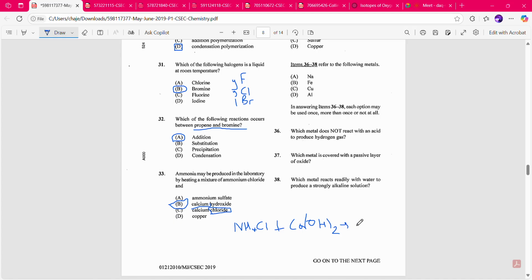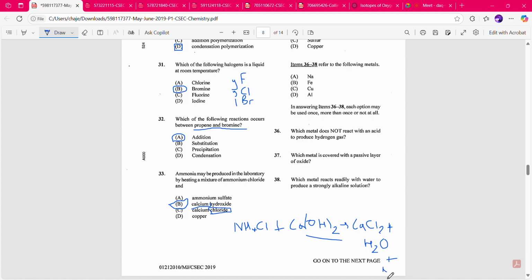Right, so we have displacement. We're going to form calcium chloride salt, CaCl2. The OH is going to come off as water.